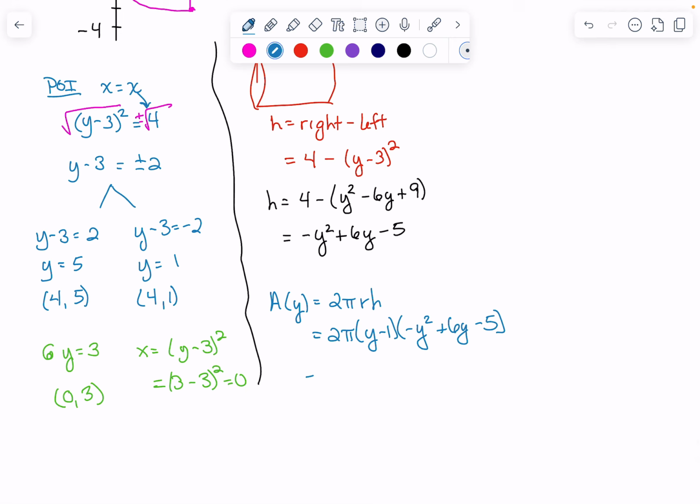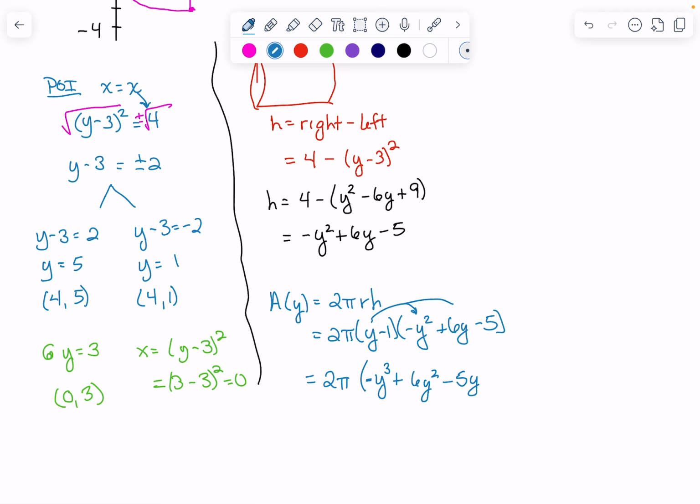That's a fun one to distribute, right? So I get 2 pi times, let's do it, a negative y cubed actually. So that's y going into the negative y squared, plus 6y squared minus 5y. That took care of my first term there.